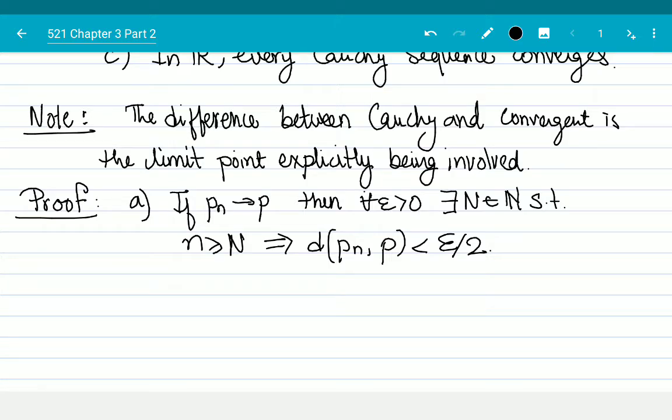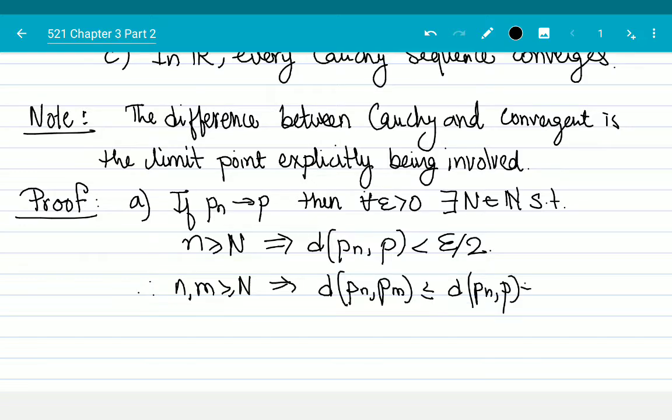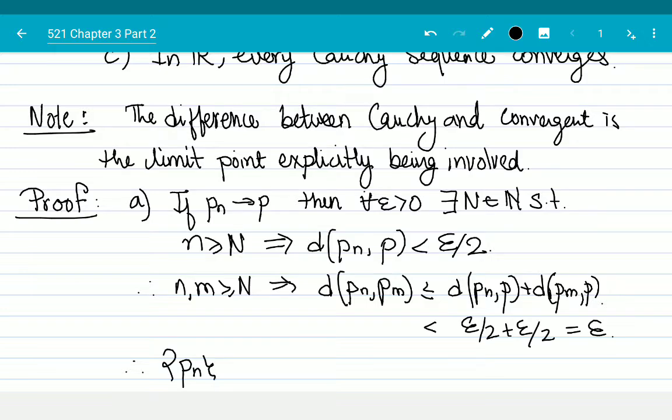Okay. Therefore, n, m greater than or equal to N imply distance of Pn comma Pm is smaller than or equal to distance of Pn comma P plus distance of Pm comma P, which is smaller than epsilon over 2 plus epsilon over 2, which is equal to epsilon. Okay? Therefore, Pn is Cauchy.